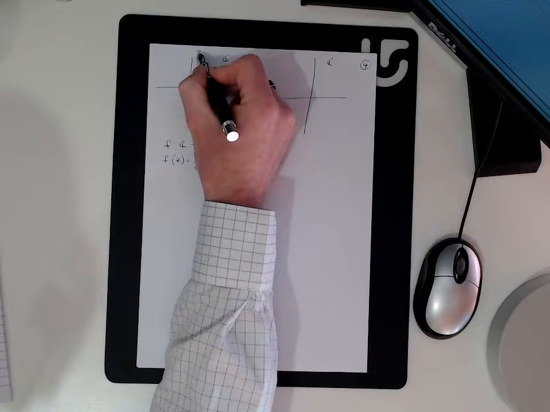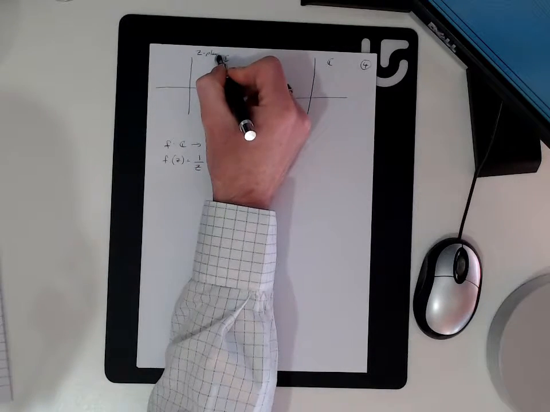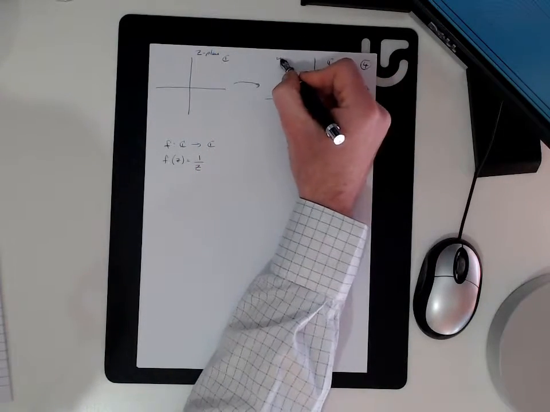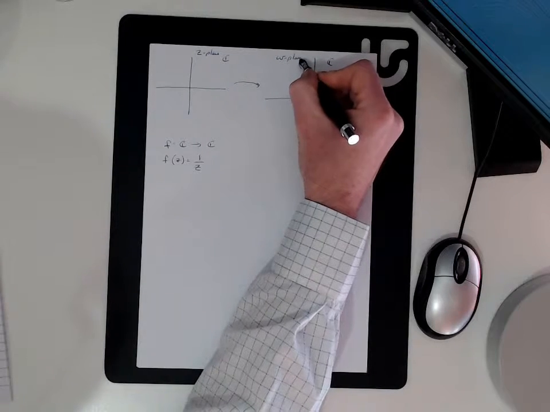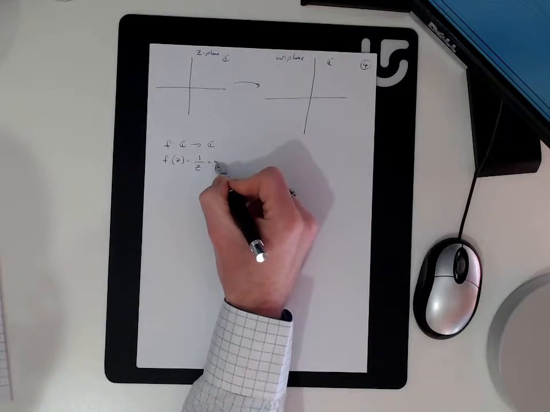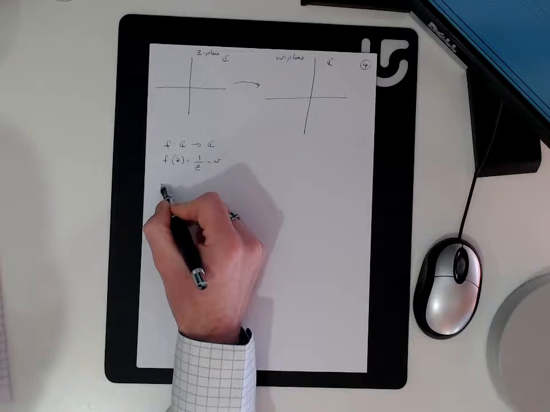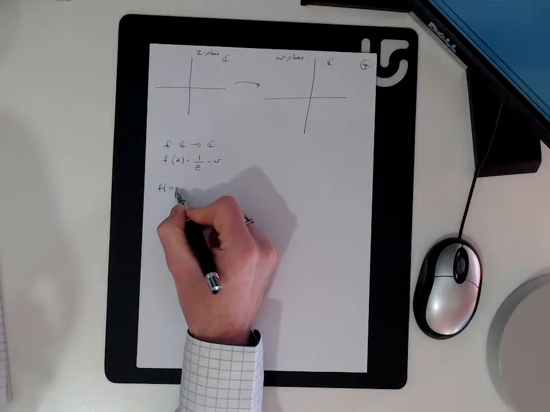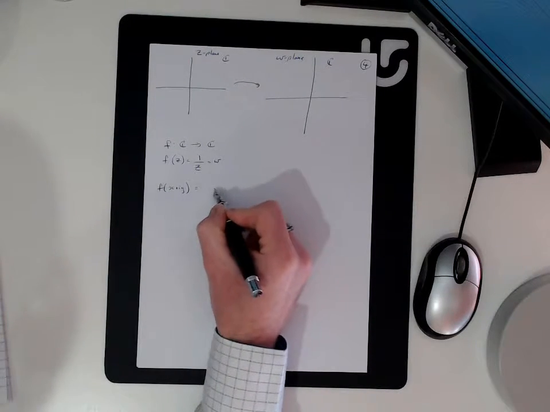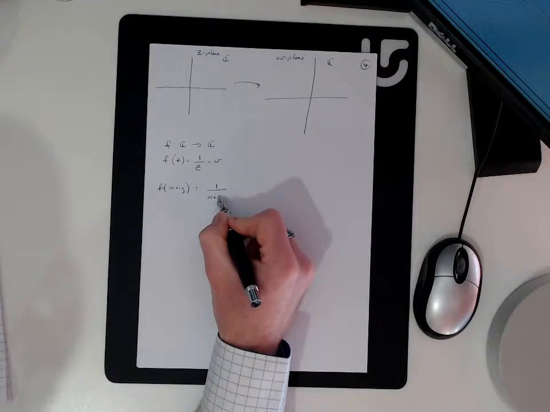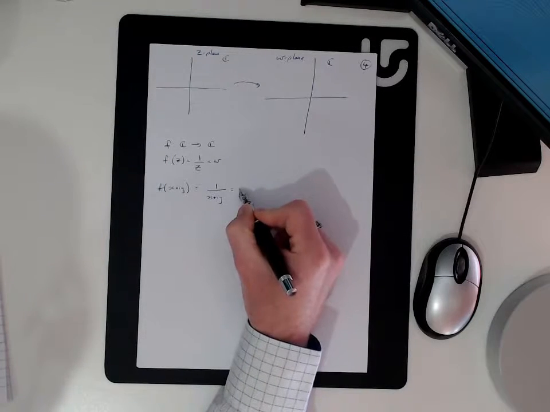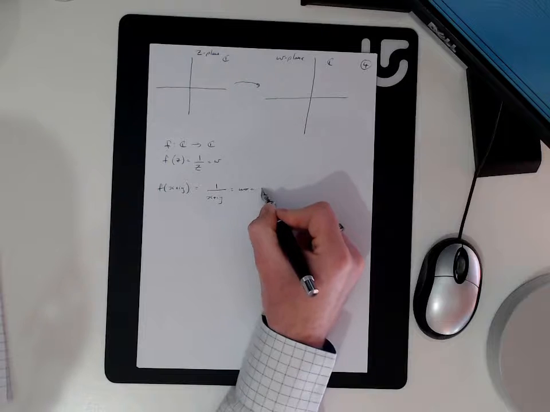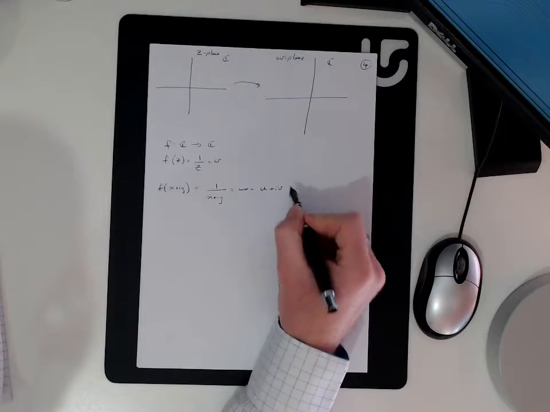I'm going to call this the z plane, and this one over here the w plane. So this is equal to w, and so f of z, which I'm going to write x plus iy, 1 over x plus iy, is equal to w, which I'm also going to write as u plus iv.